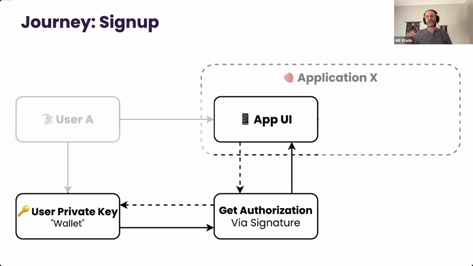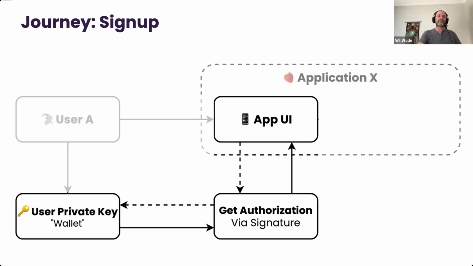The application doesn't actually get that private key, but the private key will generate a signature over some data, or multiple signatures, and collect those signatures as a way to have provable authenticity that this private key that the user has is acting and approving these actions that it's signing.